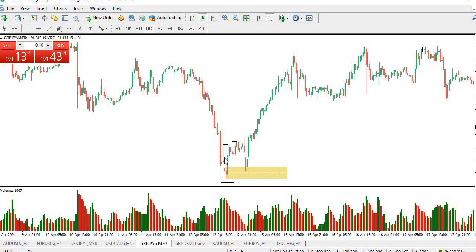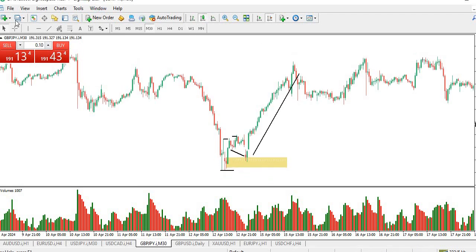So what this last bearish candle did before the bullish movement, this candle appeared and it pushed the market and it broke the previous high. So once the market returned to this order block, you can see it respected this order block and the market went to the upside.